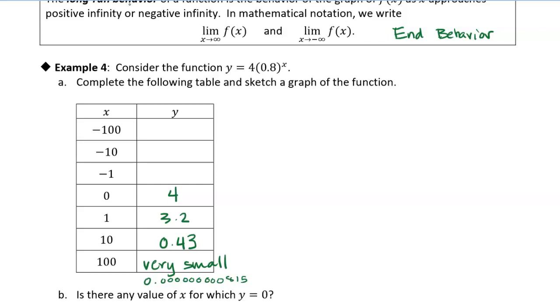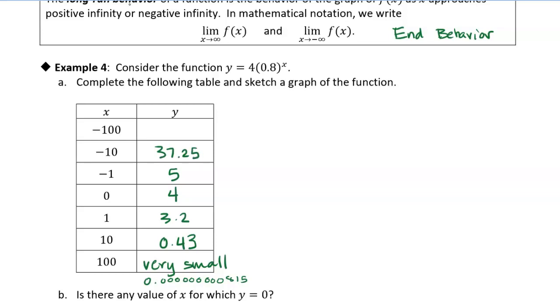Remember, 0.8 to the negative 1 is just the reciprocal of 0.8, so 8/10 becomes 10/8. And then we multiply times 4, and the result is 5. And when we put in a negative 10, you can just put these into your calculator. I got 37.25.